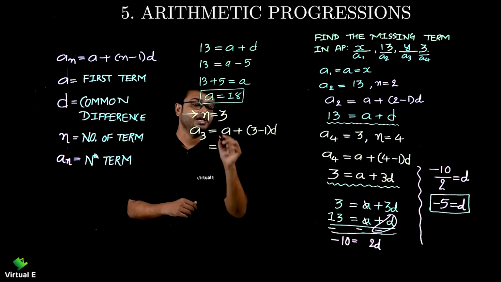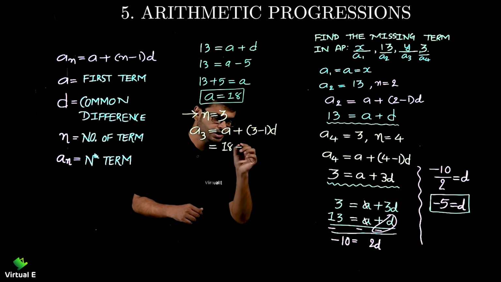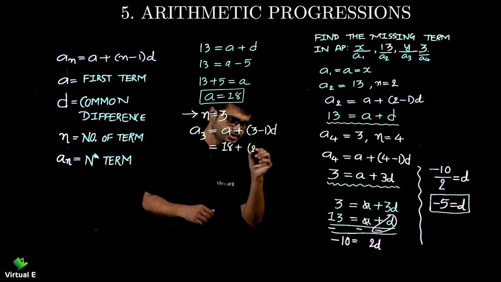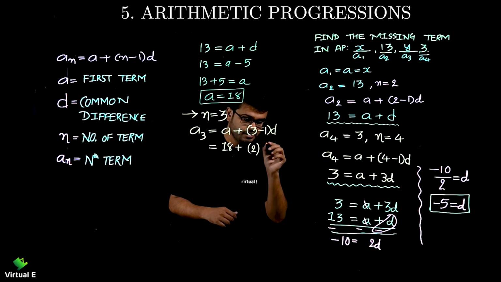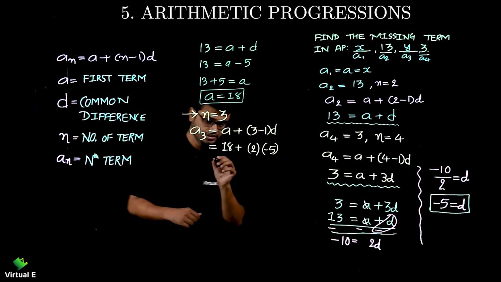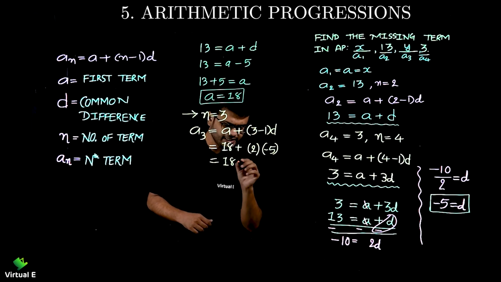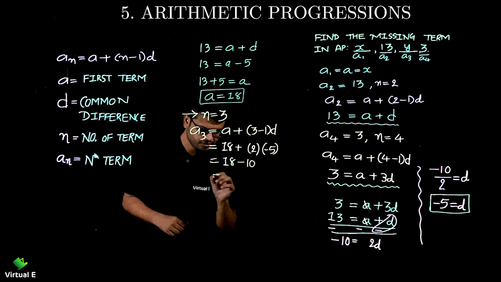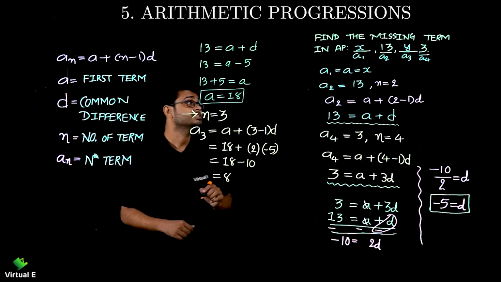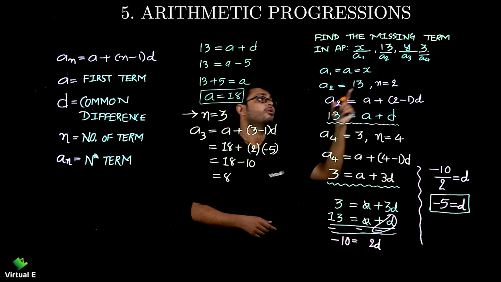So what is the value of a? 18 plus 3 minus 1 is 2. And what is the value of d? Minus 5. So 2 fives are 10 and it is negative, so minus 10. So here it is 8. So what is the value of a3?